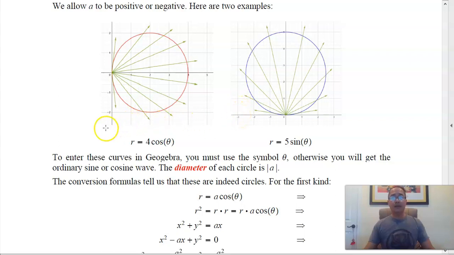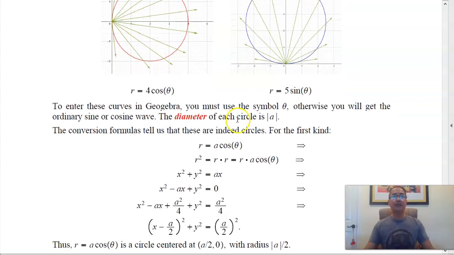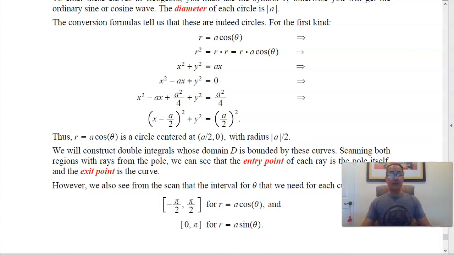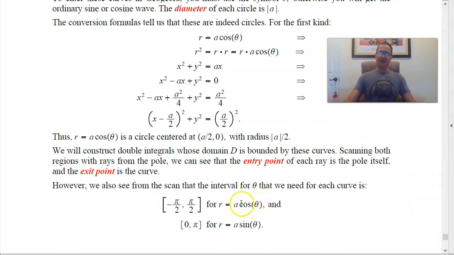So we're going from minus pi over 2 to pi over 2, and from 0 to pi. That is summarized down here for our domains. And that might surprise you a little bit, because, wait a minute, that's only pi.